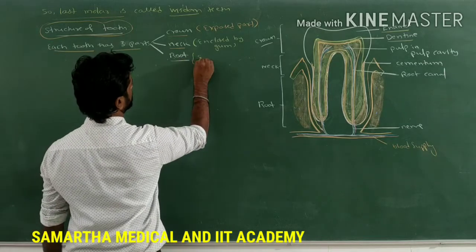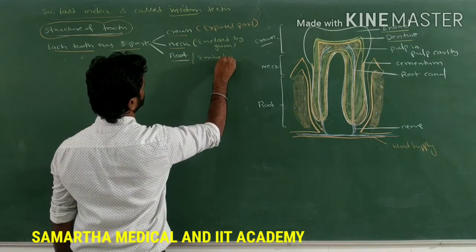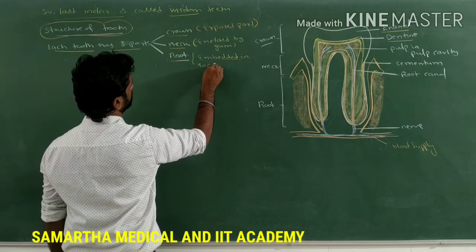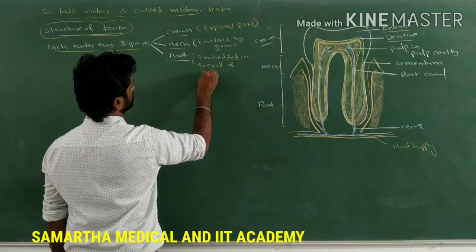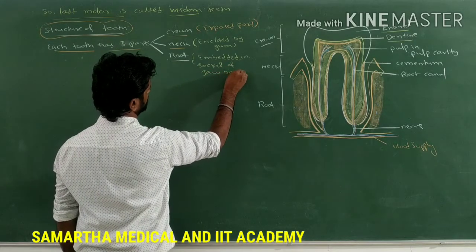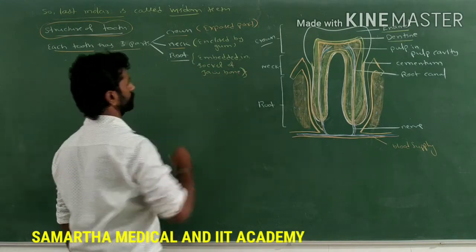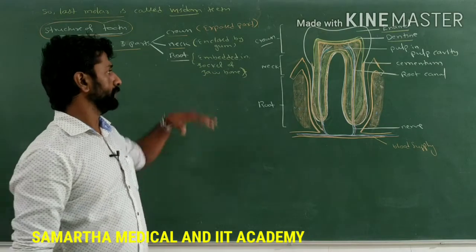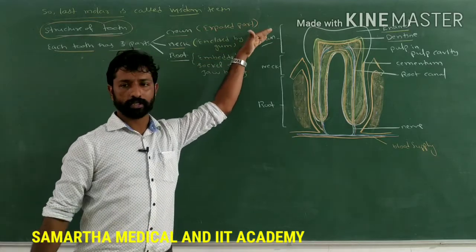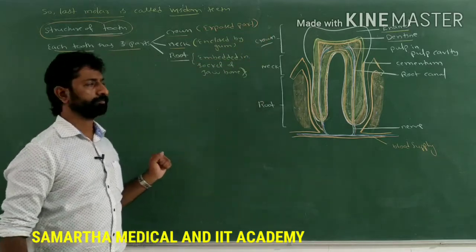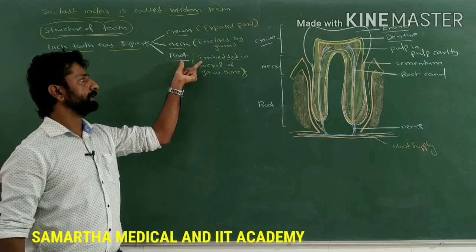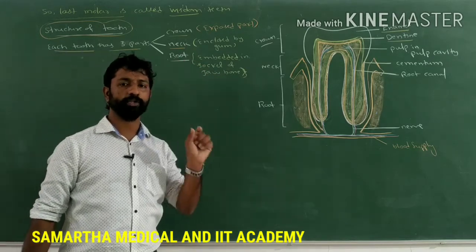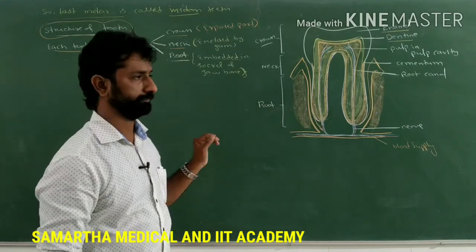So this is how each tooth is divided into three parts: crown, neck and then the root. As each tooth is embedded in the socket of jawbone, it represents a thecodont type of dentition.